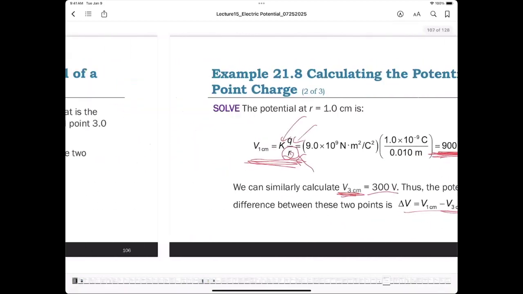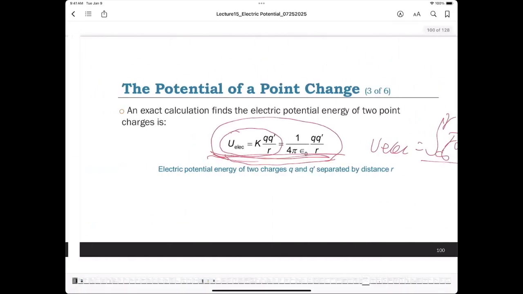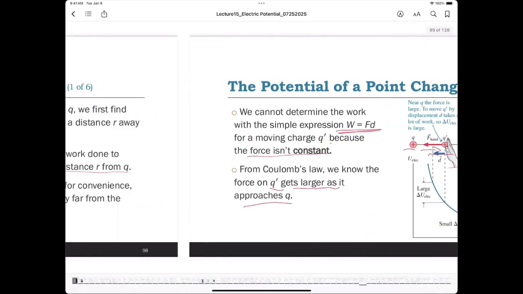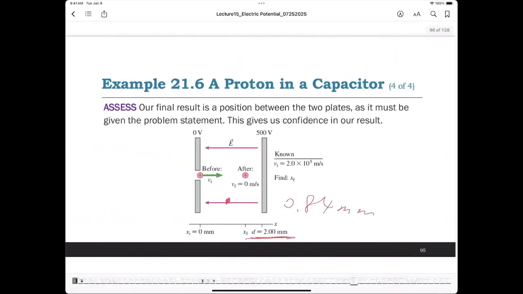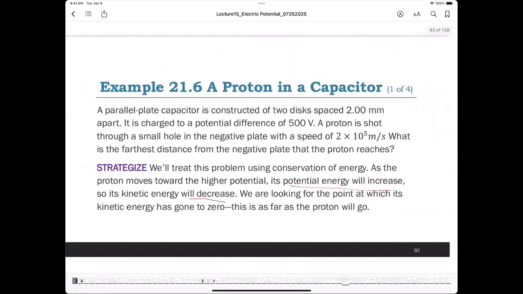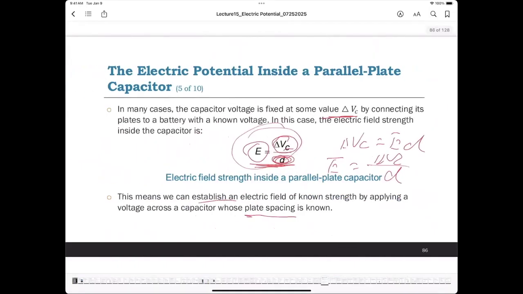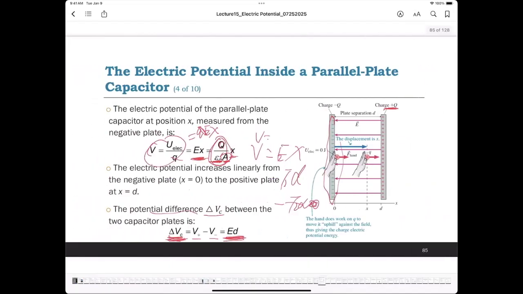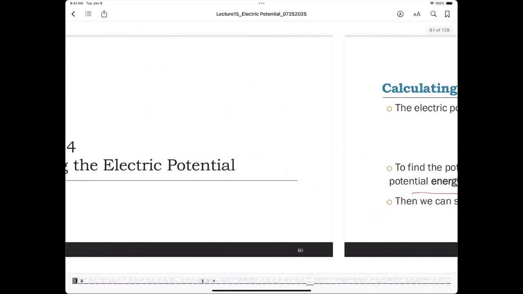And we also have this equation. Let me check it. Yeah, this equation, here. This one will be clear. Potential. This one is not very clear, let me try to find it for you.